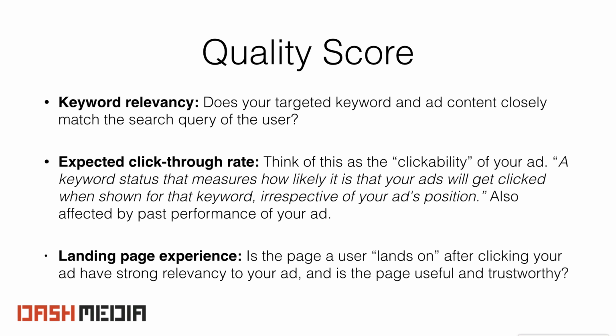So these are really the three things that go into our quality score, which is our keyword relevancy and the relevancy of our ad, the clickability of our ad, the expected click-through rate, and the experience of the page that we send our ad traffic to after they've actually clicked our ad. So we need to keep all of these things in mind because it's quality score, remember, plus your bid that actually gives you your ad rank, which determines the position of your ad on the search results page. So it's a big deal.